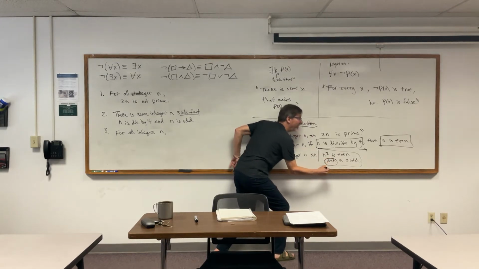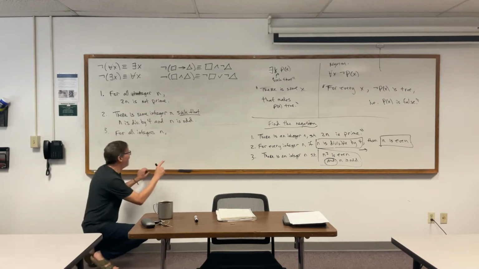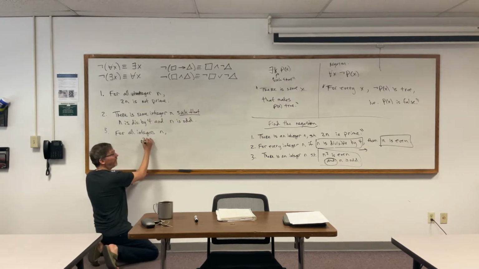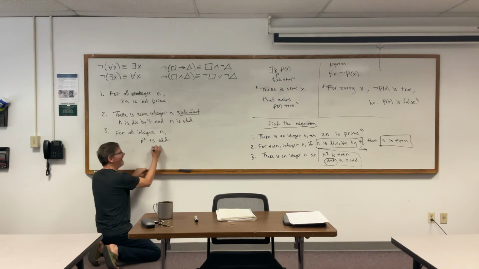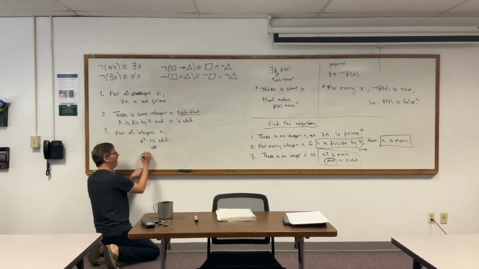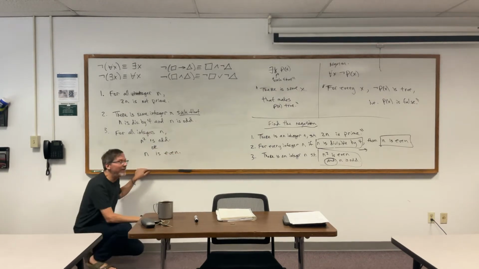I've got an and, so that becomes an or. Such that n squared is not even, so that could be odd, or, you see where I'm going here? And then the or n is even, which is the opposite of n is odd.